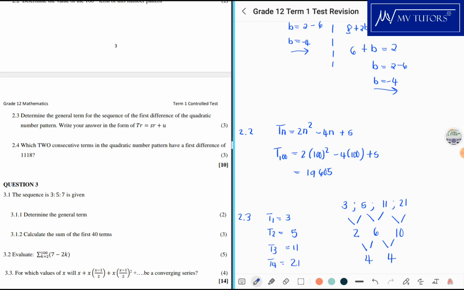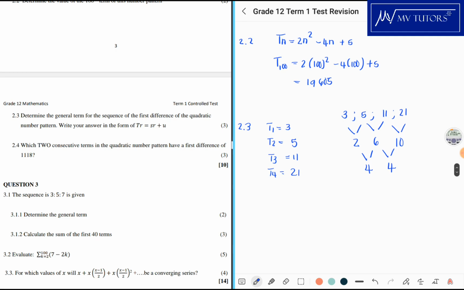So I'm already thinking ahead. All right, so we have then A is 2, okay, and D is 4, all right? So now, before we put it in the form TR is equal to SR plus U, I would advise first you put it in the way that you know it. Then you can translate it to how they want it. All right, we said the first term is 2, and then we have n minus 1, and the difference is 4.